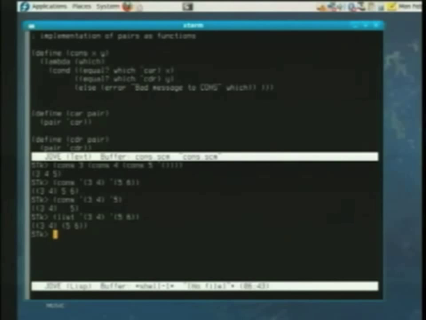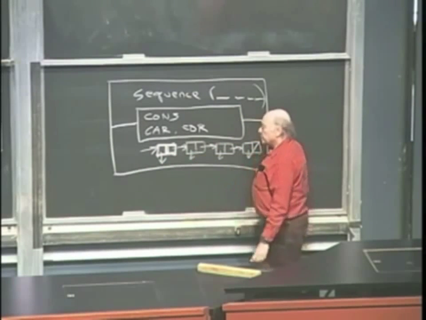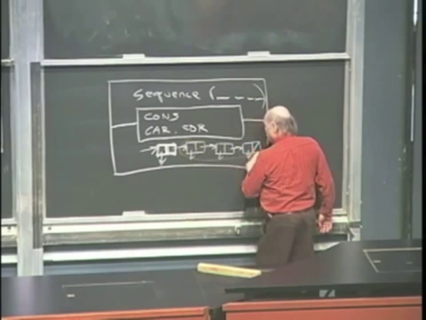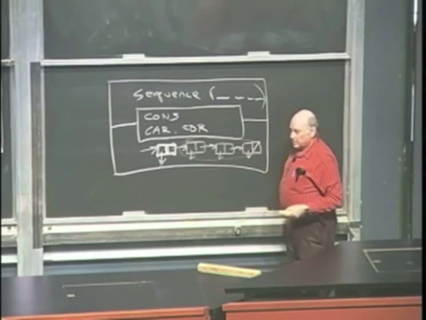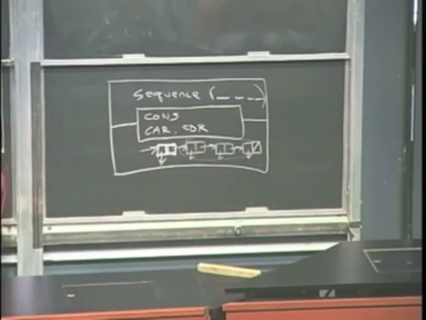Okay? Cons, remember, look at that picture again of how we make lists out of pairs. So if I say cons to produce this pair right here, okay, what I'm doing is I'm saying stick one new element in front of this whole list. Okay? So when I use cons to make a list, the first argument is an element, the second argument is an already existing list.